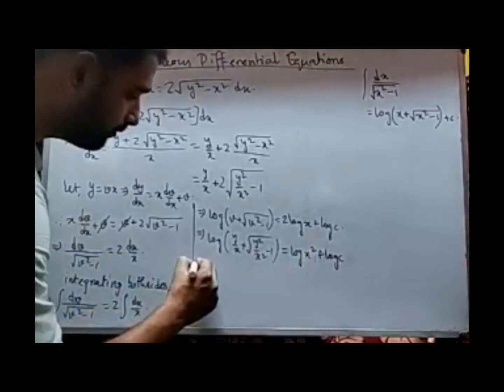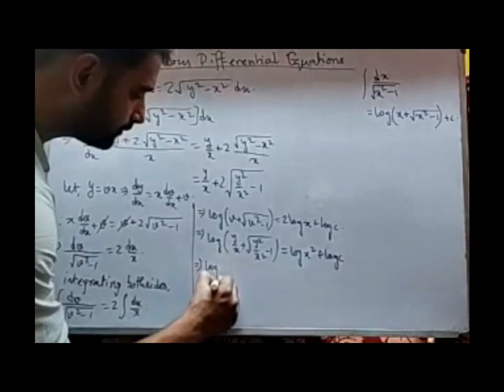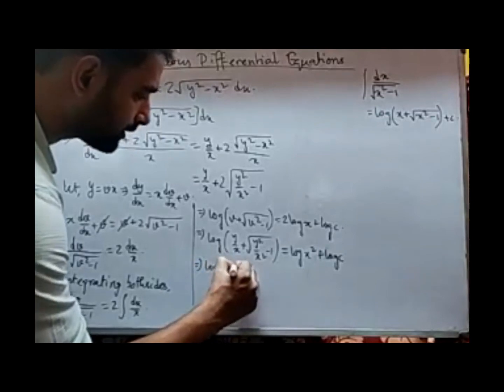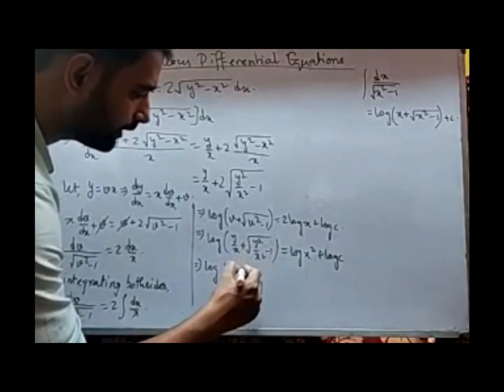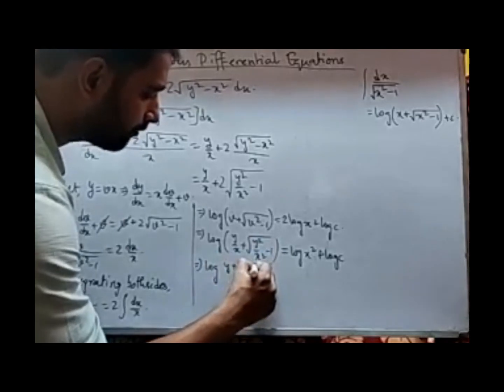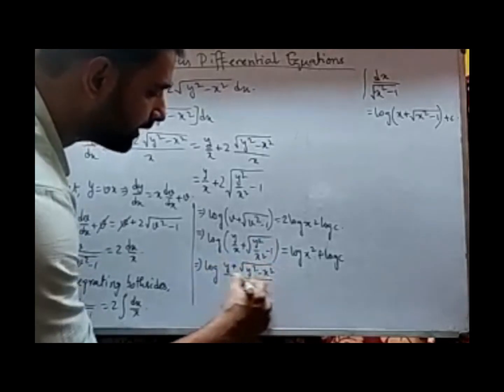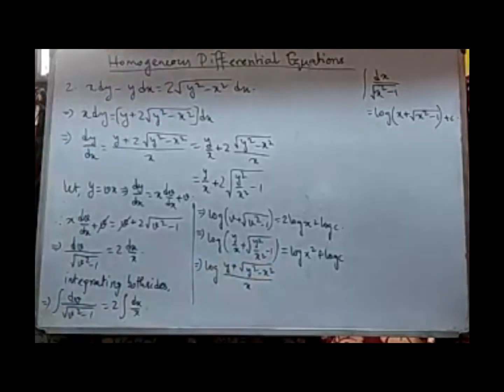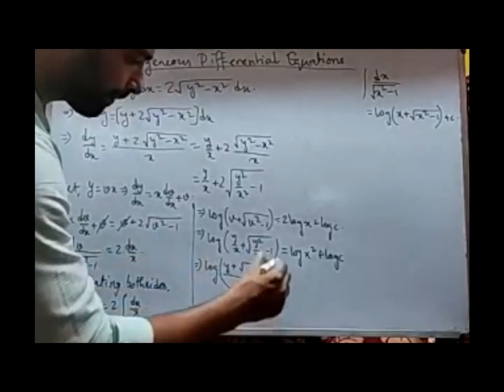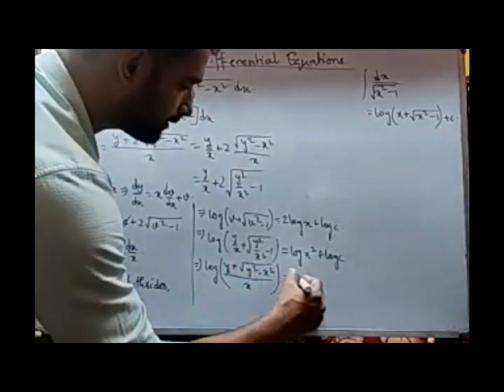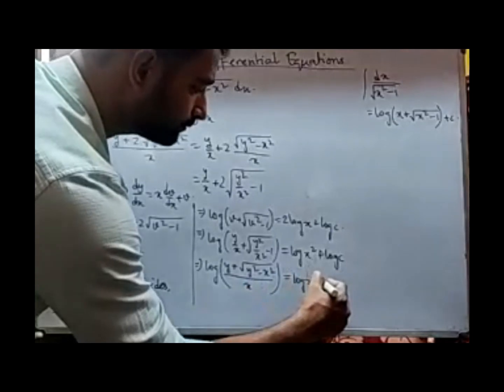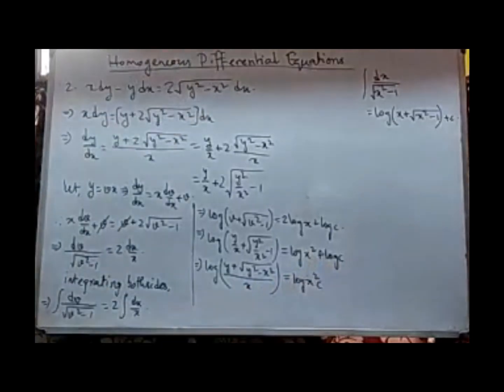So here we can write it as log of y plus, you see, if I do the LCM, it should be root of y square minus x square divided by x. And here it is log x square into c that we can write.